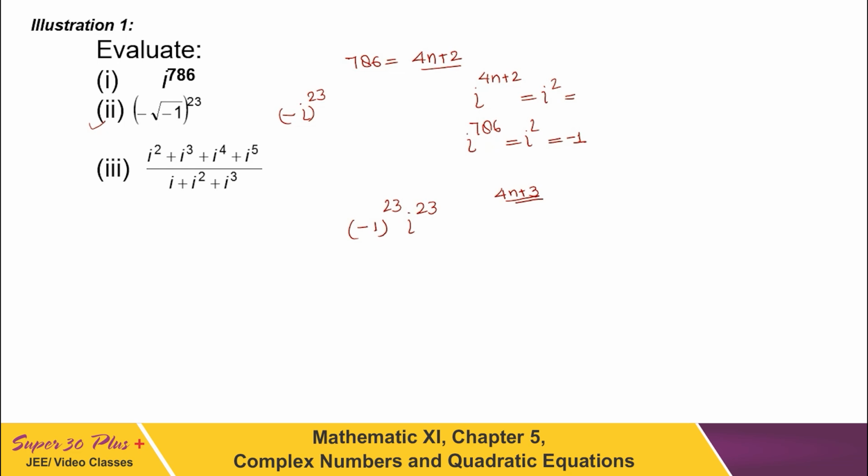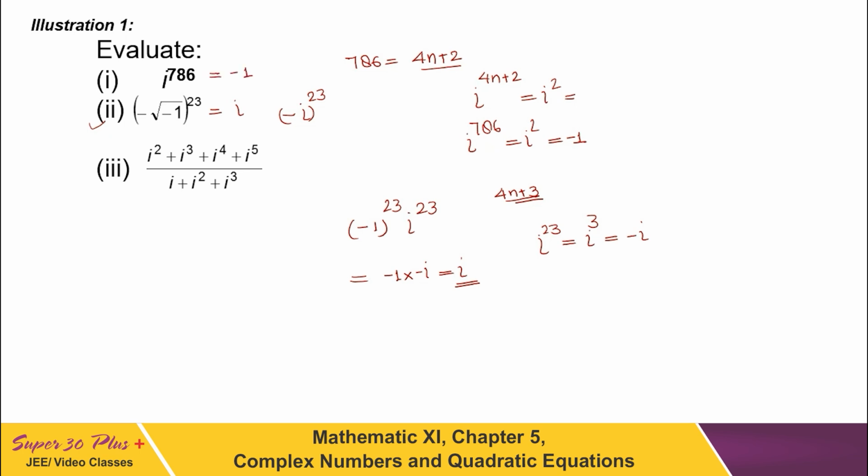Means you can write iota to power 23 is equivalent to iota cube, and the value of iota cube is minus iota, and minus 1 to power 23 is minus 1. So you can write it is minus 1 into minus iota. Your answer is iota. Means question number 2, simplest form is iota, and question number 1, simplest form is minus 1.